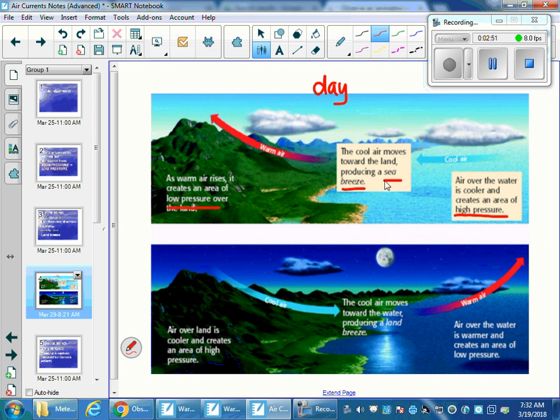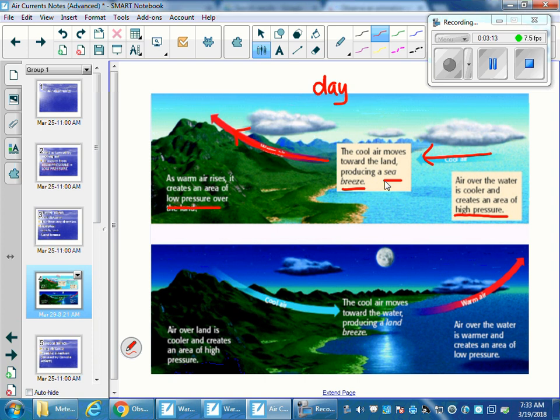So we have low pressure over this warmer area because that warm air rises. Because of this, we create high pressure on the right over here and low pressure on the left. And then that means that our air is going to move inward here, and this is called a sea breeze. And this is formed because the difference in heating creates those differences in pressure.